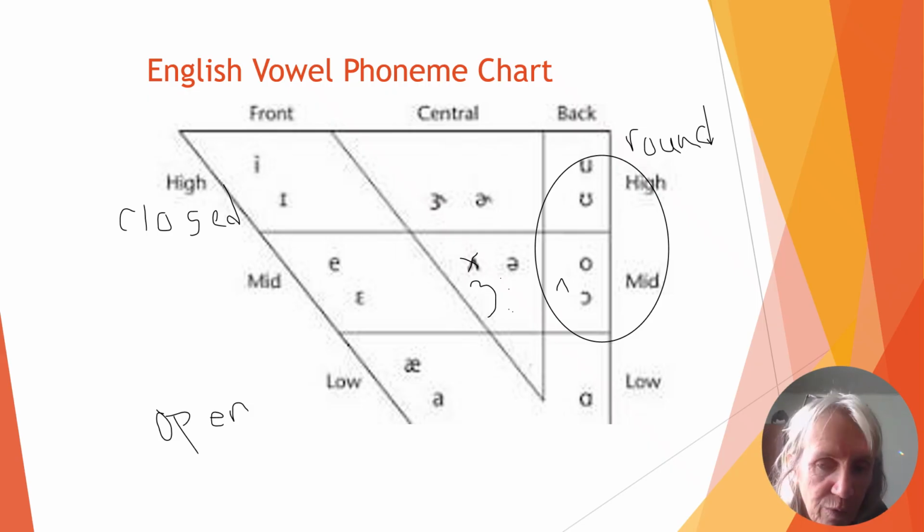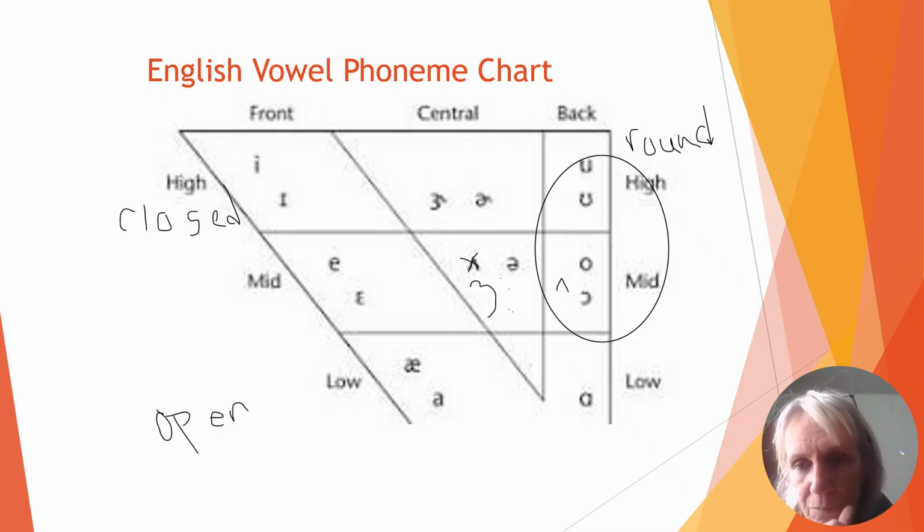We'll also use roundness, but that's actually not shown on the chart. If I go through my vowel sounds, I see two vowel sounds: the E, which is the first one I see, and then the I. They are both high and closed because the mouth is closing, and they are front. The tongue is forward. If I move down my chart to the A in the low section, the tongue is low and also forward.